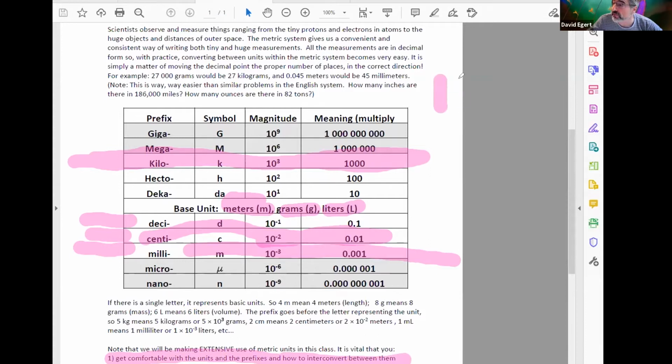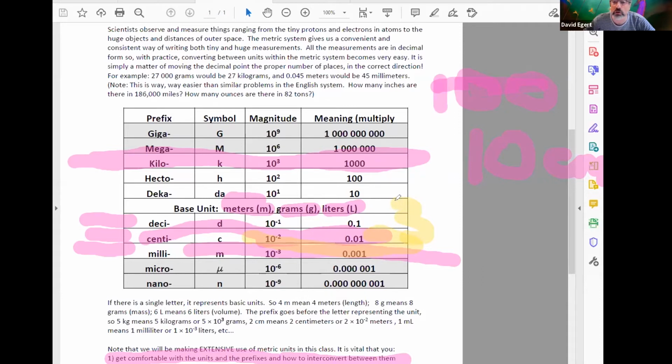Let's say I have 10 centimeters, and I want to know how many meters that is. So let me change my color here. I can say, okay, if I'm at centimeters and I want to get up to the base unit, I have to do 2 hops.